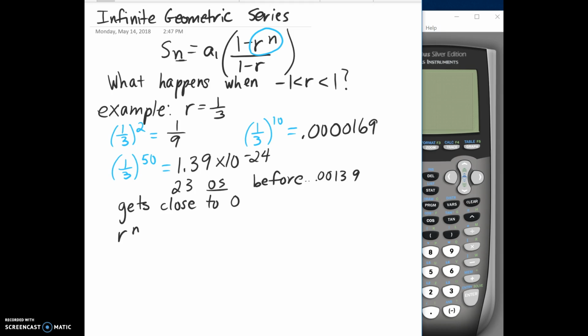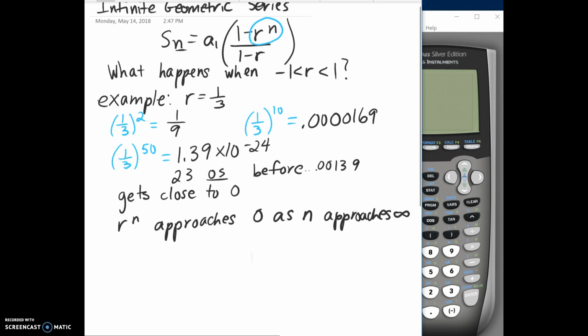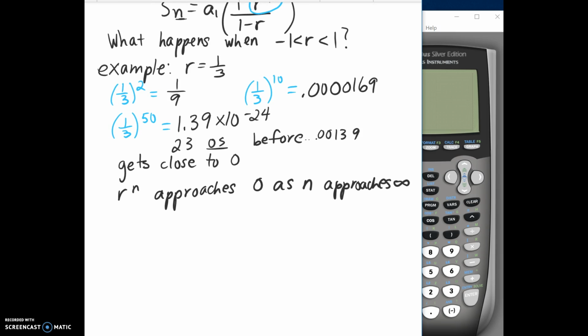A little more formal: r to the n approaches 0 as n approaches infinity. It's the same idea as what's happening when we look at asymptotes and limits.